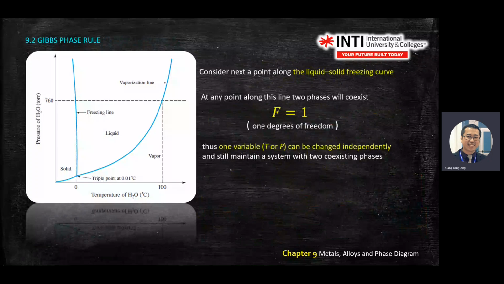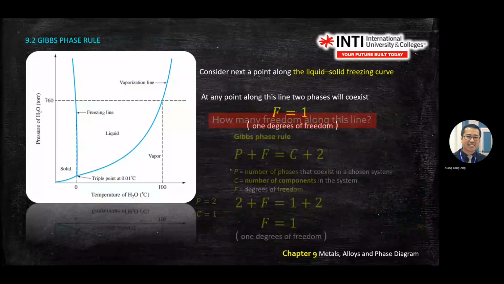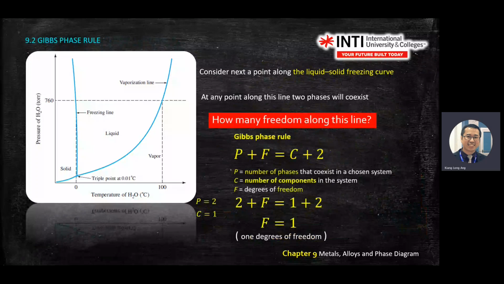So in this equation, C is 1, P is 2, so degree of freedom is 1. So you can only play with 1 parameter. You can fix 1, then change the other 1. Degree of freedom means you can only change 1. You need to fix 1.